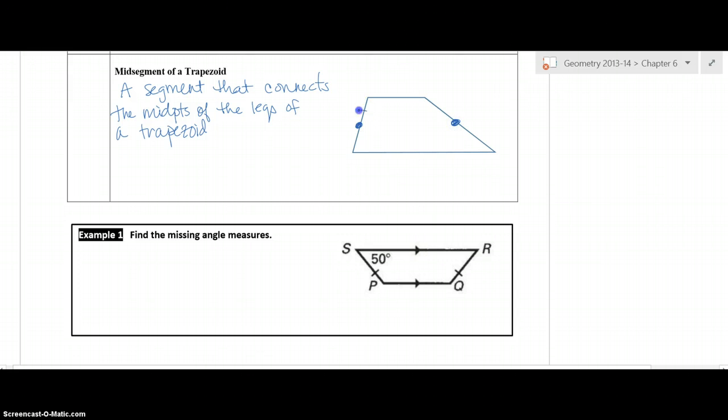We know that midpoints are in the middle, so we've got congruent segments here and congruent segments here. Notice that I used one tick here and two ticks here because they're not all four congruent segments, but these two are congruent and these two are congruent. The only time that all four will be congruent is if it is an isosceles trapezoid. Okay, so we've got the midpoints, so if we connect those, this is a mid-segment.